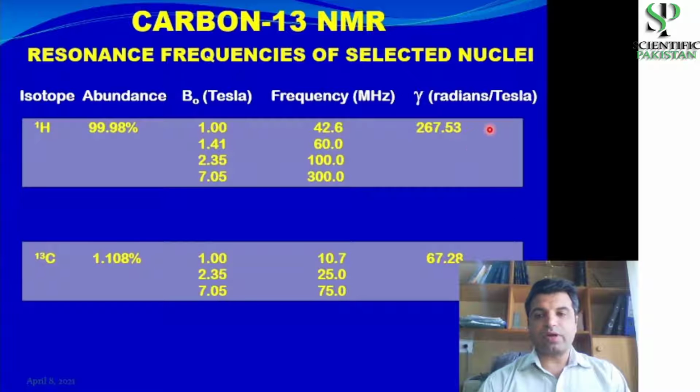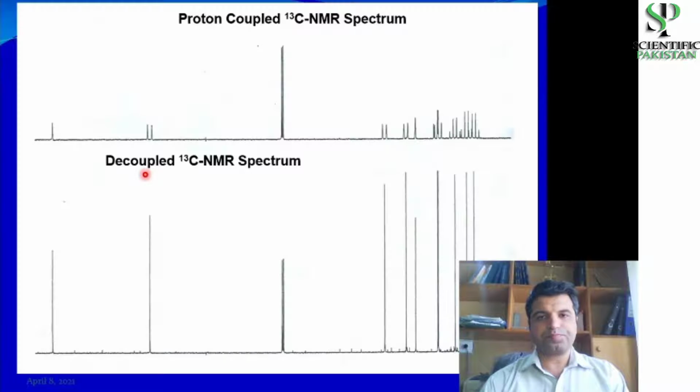Similarly, the gyromagnetic ratios of both of them are also different, by a factor of 4. The natural abundance of carbon-13 is only 1%, while that of proton is 99%, which means that proton is more sensitive as compared to carbon-13, and to have a good carbon-13 NMR spectrum, you would require larger quantities of your sample, so as to increase the percentage of carbon-13 in your sample.